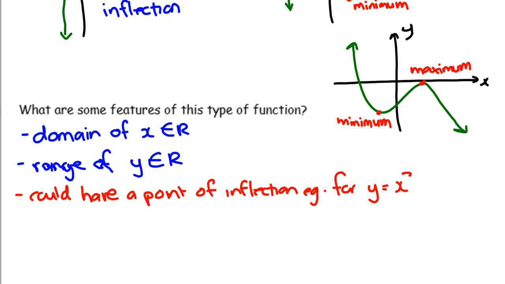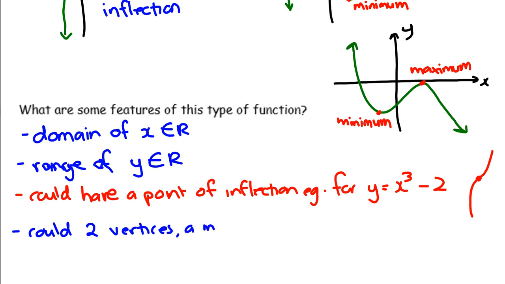That would have a point of inflection that would look like this. It could have two vertices, meaning a maximum and a minimum, like in the other two examples.